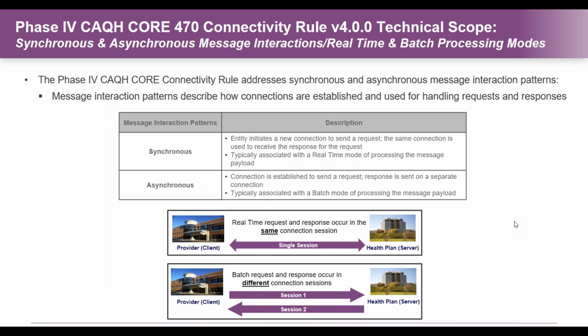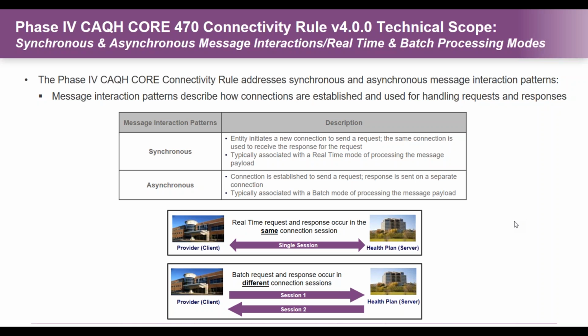So there's 2 primary message interaction patterns, the synchronous and asynchronous. The synchronous message interaction pattern is used for real-time request-response interactions between clients and servers. This is one where the client sends a request and waits on the response to arrive on the same connection.